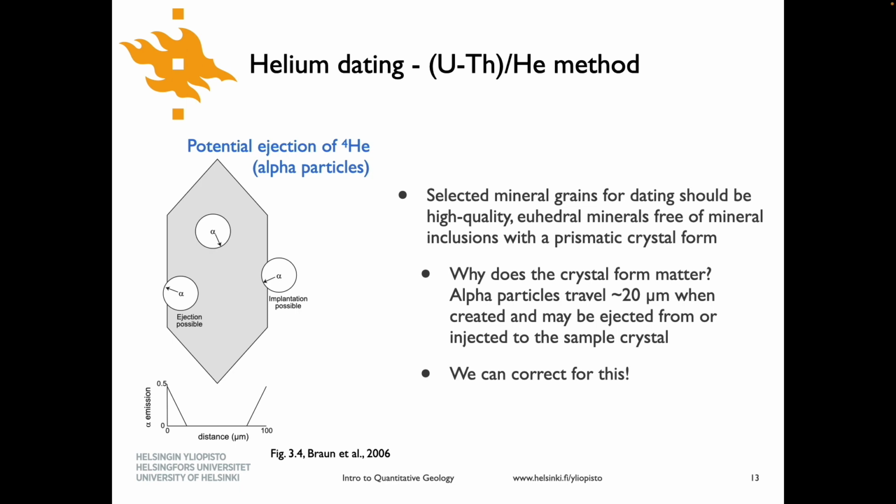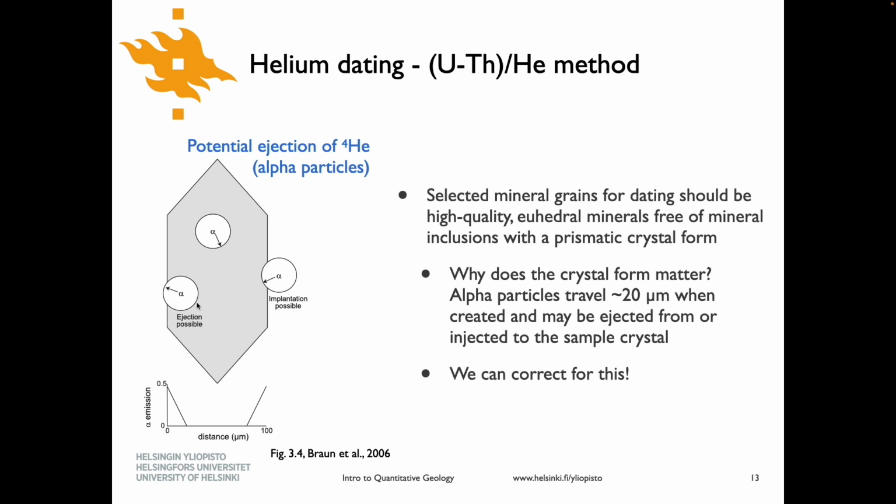The reason why you want to get these nice prism-shaped crystals is because there is the potential for these alpha particles, when they form, to travel about 20 microns inside the crystal, but they'll also travel 20 plus microns outside the crystal. So they can be ejected for any parent nucleus that's within 20 microns of the edge of the crystal. Basically, you can have helium that gets lost, ejected out of the crystal.